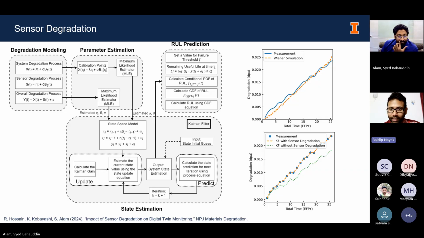Which means that you would have calibrated the sensor degradation process completely before implementing this data assimilation. Exactly. And you did the sensor degradation calibration separately by making degradation data for how the sensor would degrade under radiation. I see.